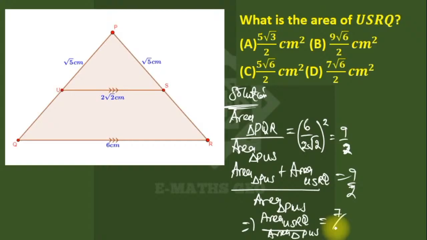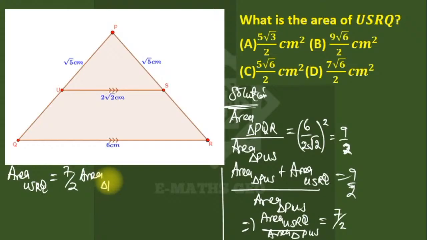Okay. So we're looking for, so if we make what we are looking for the subject of the formula, the area of UXRQ is now 7 over 2 of the area of PUS. Yes. So we need to get the area of PUS. Looking at this, we see that it is an isosceles triangle.